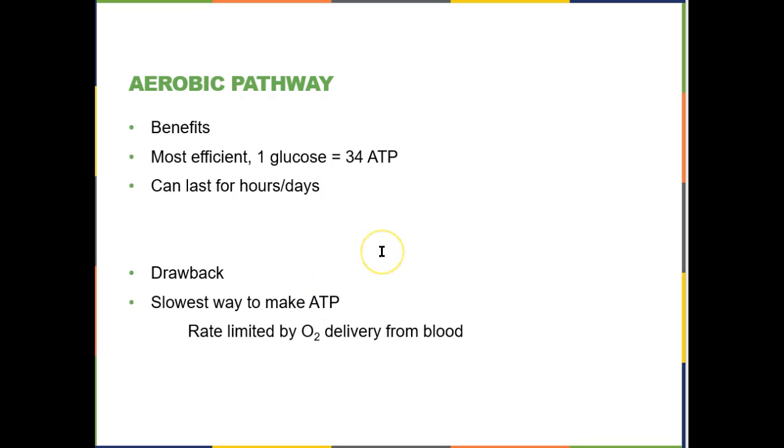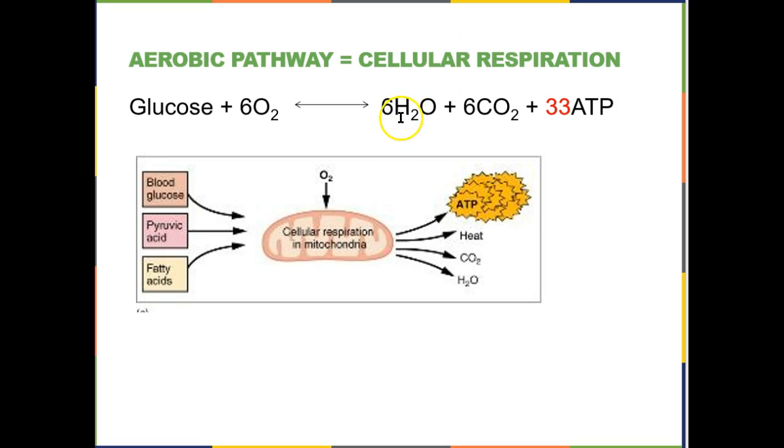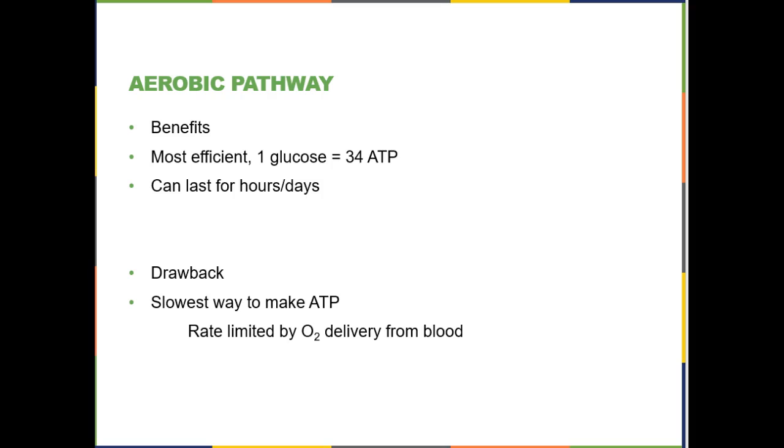So the benefit of the aerobic pathway is that it is very efficient, meaning that your glucose yields a lot of ATP, and because your metabolic byproducts are water and CO2, both of which are quite easy to get rid of, you can do this for a long time, hours or even days, right?